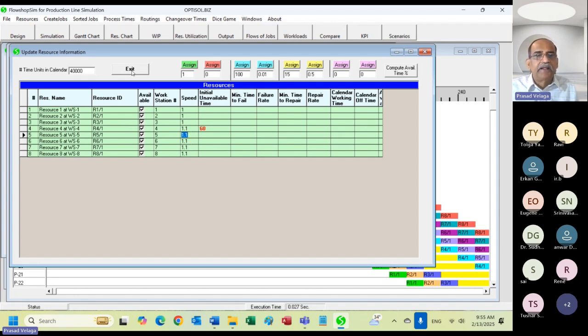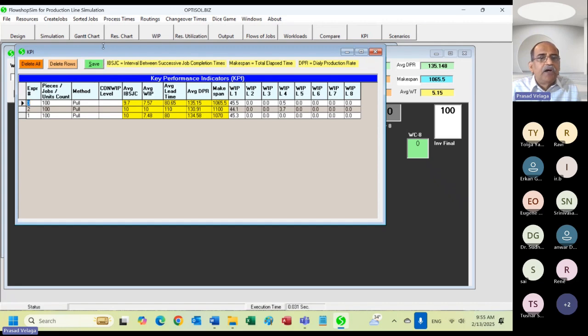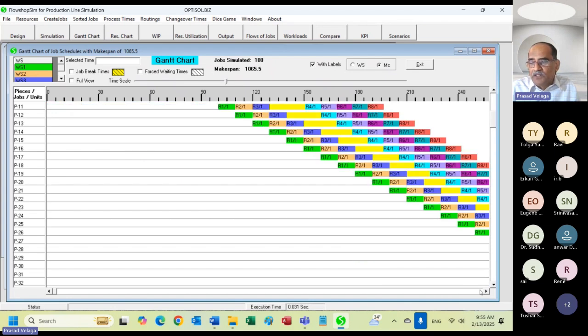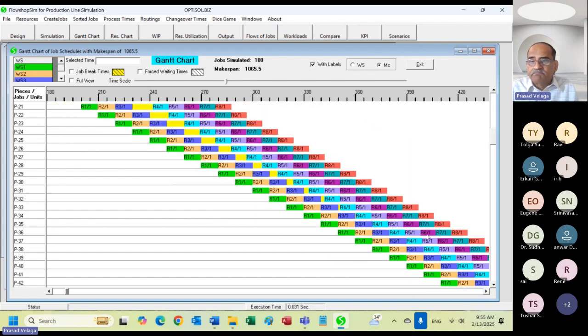Now I'm going to run the simulation again with increased speeds for those. If you look at this, because the machines from R4 to R8 are working faster, the waiting time is gradually decreasing. If you scroll down, you would see that after some time, these pieces do not wait anymore.